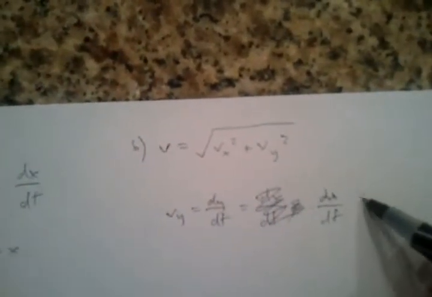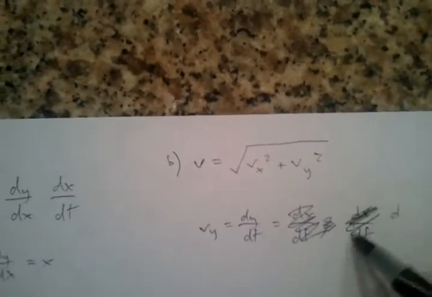Sorry, I messed this up completely. It's equal to dy over dx times dx over dt. There we go. And from here, you know that dy over dx is equal to x from the previous part, and also dx over dt is equal to the velocity in the x direction. So now you know that velocity in the y direction is equal to x times velocity in the x direction.